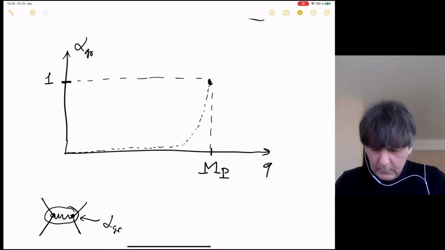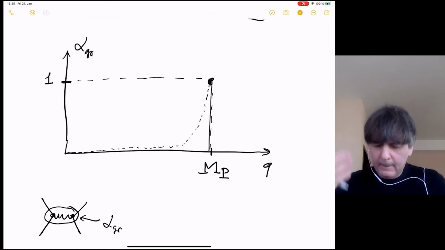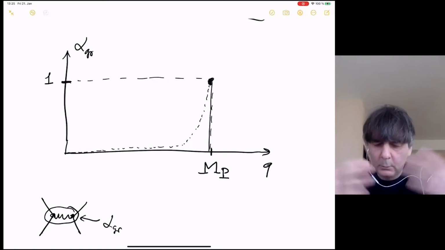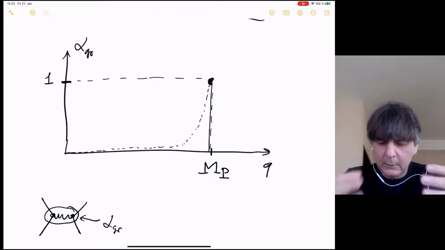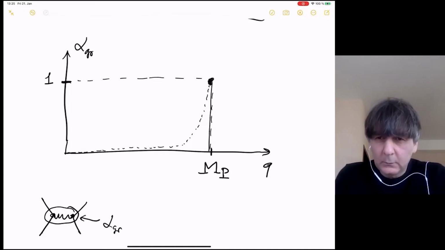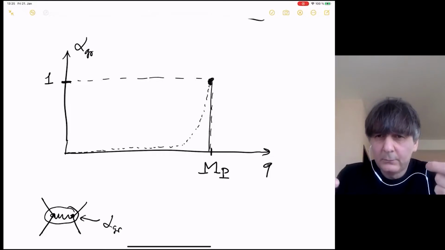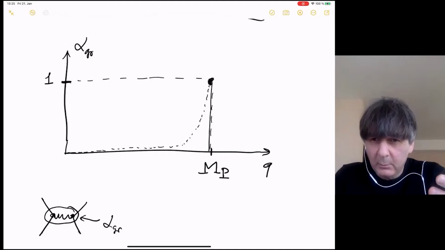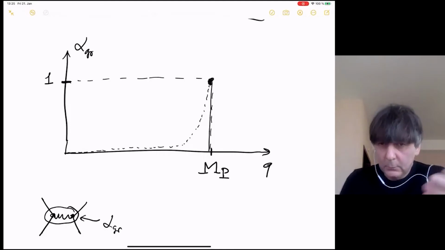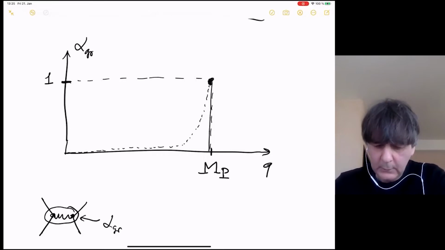Now, this essentially is a boundary, as we discussed. Within Einstein gravity, we cannot have momentum exchange between gravitons which exceeds the Planck mass. Okay, I'll come back to it, as we already mentioned. I'll comment on it in a moment.